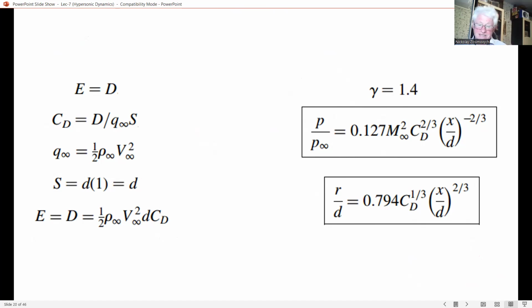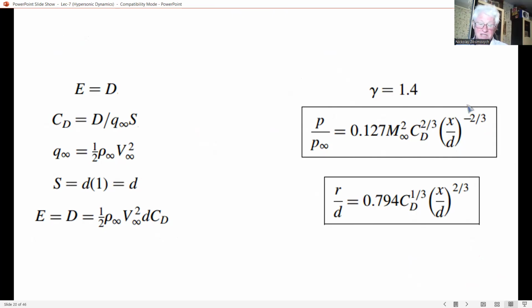So for the blunt slab, we may write these equations here. p over p infinity gives us coefficient 0.127 times M infinity squared times CD to the power 2 over 3 times x over D to the power minus 2 over 3.